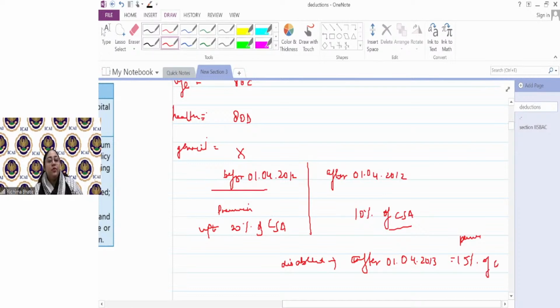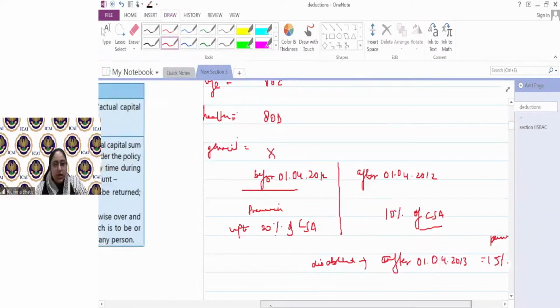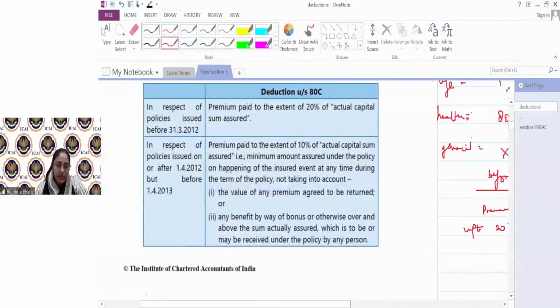I'm not saying this much would be allowed. I'm saying only up to this amount is allowed. If my premium is less, then a lesser amount would be allowed. If my premium is more, you have to make a check of 20%, 10%, and 15%. Let's do the question and you will get to understand it.